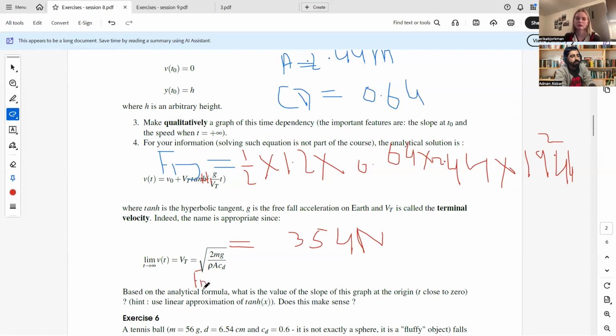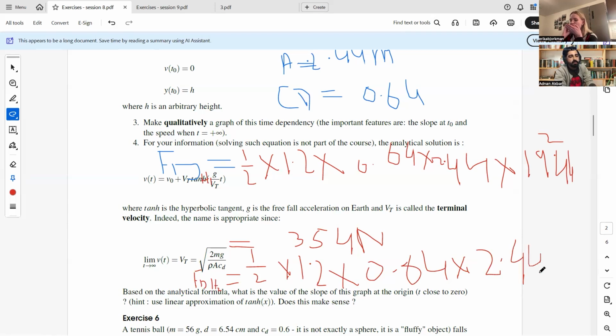We need to write the same values and just change the velocity. So 1 by 2 multiplied by 1.2 multiplied by 0.64 multiplied by 2.44 multiplied by the second velocity, 27.78.